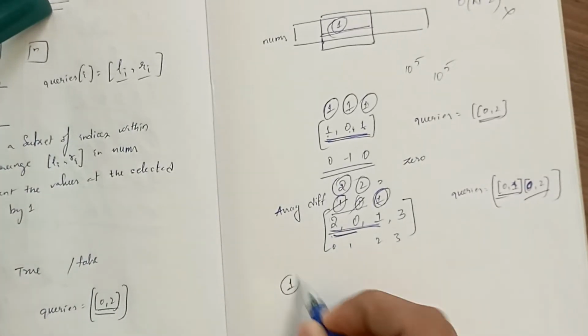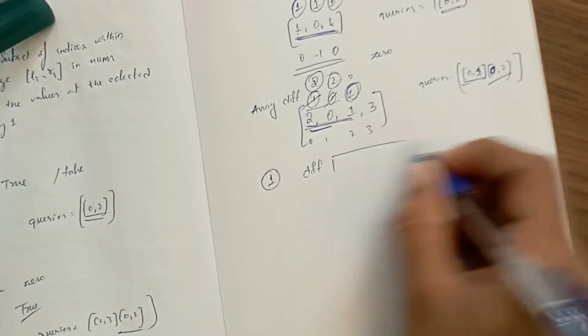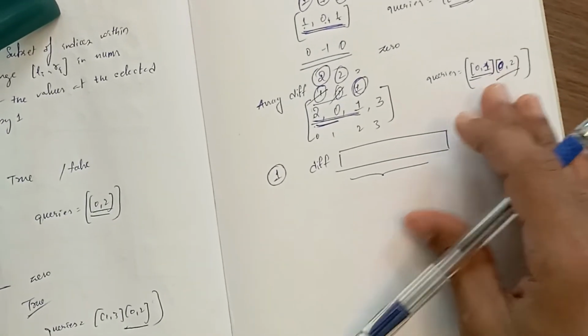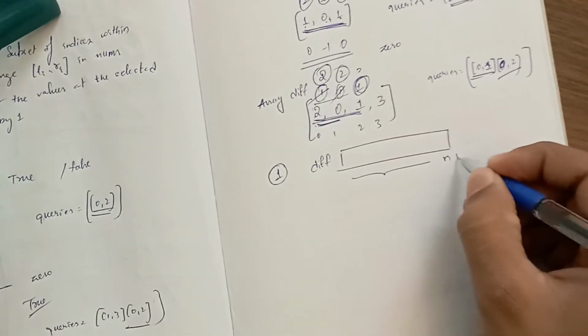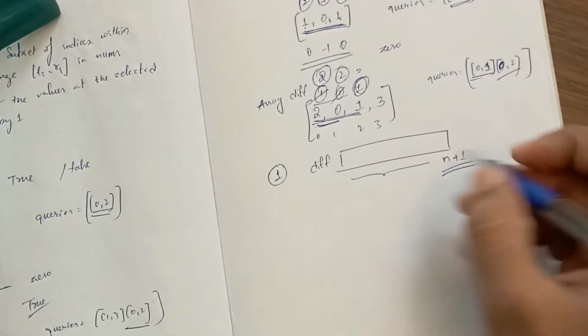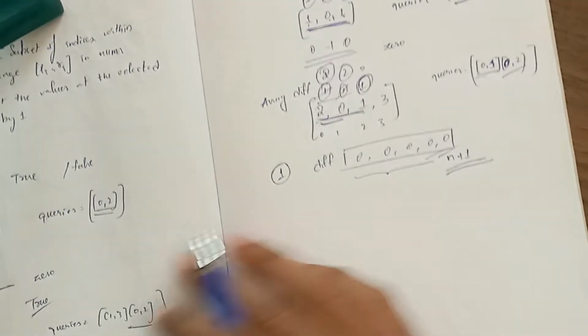So the first thing we need to do is create a difference array of length n plus 1, and I will explain why we are taking n plus 1. Initialize all of them as 0.